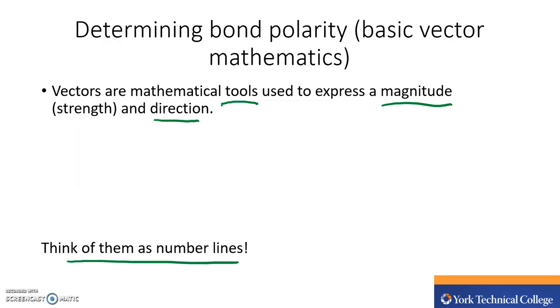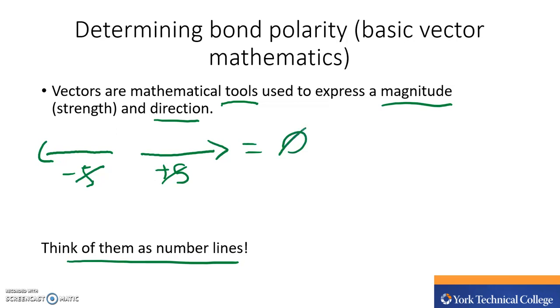Let's say we have a vector, I'll call it +5, and it's going to be added to a vector of -5. Well, +5 and -5 cancel, so the vector cancels out. So it's 0.